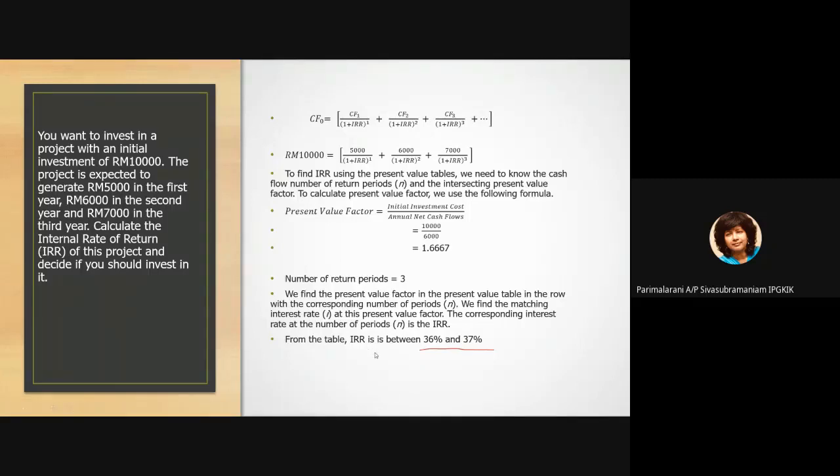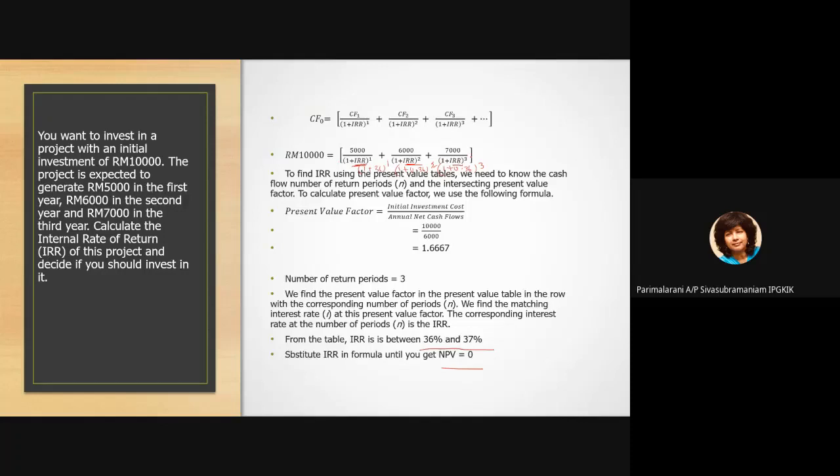So from here, you have to substitute the IRR in the formula until you get NPV equals 0. That means you replace this IRR. Say you start with 36%. 36% is 0.36, correct? So you replace IRR here with 1 plus 0.36 to the power of 3, here 1 plus 0.36 to the power of 2, and 1 plus 0.36 to the power of 1.